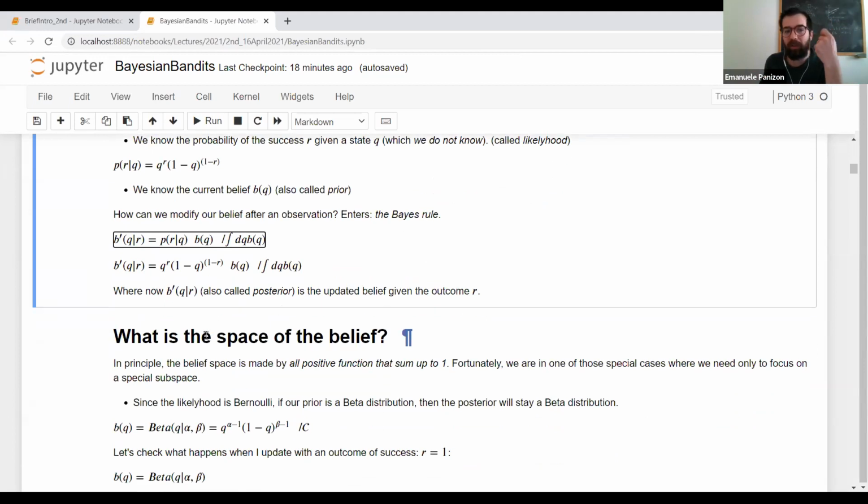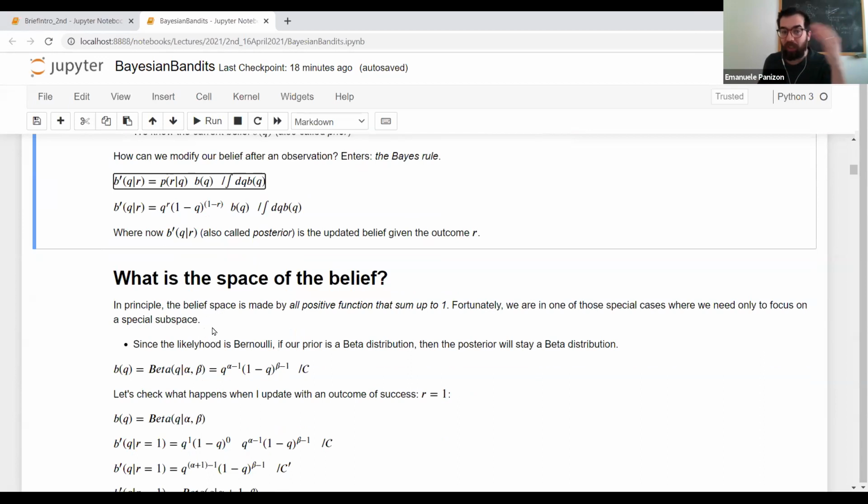So you can imagine that, as pointed out yesterday also, if you have a belief in a form which is not transformed by multiplying by this likelihood, you can remain in the same functional form of belief even with a Bayes update. In general, the space of beliefs is a mess, because it's all positive functions that sum up to 1 over the whole state space, or integrate to 1.